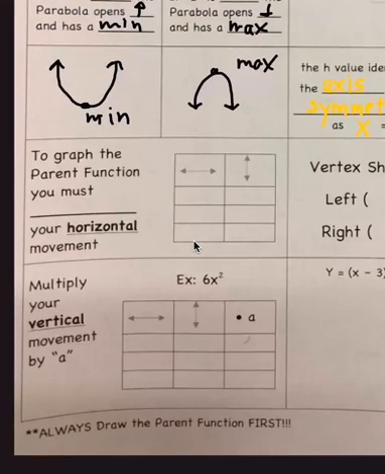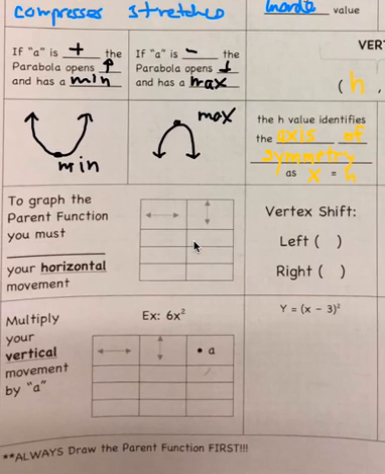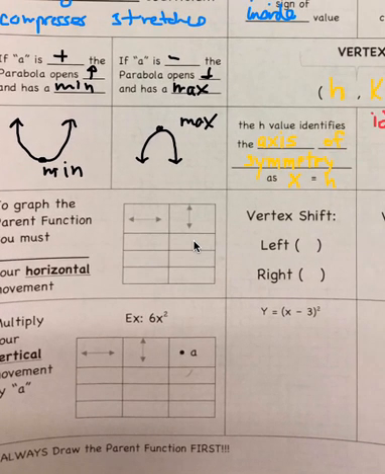To graph the parent function, you must square your horizontal movement. So if we think about that, left and right we move x, and here we move y.